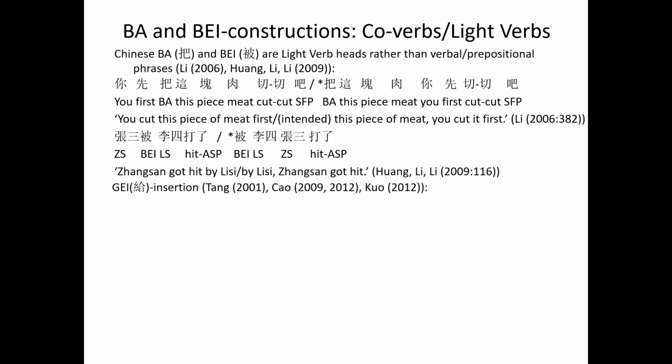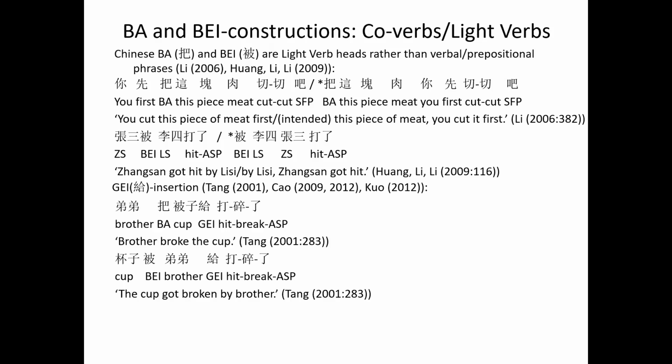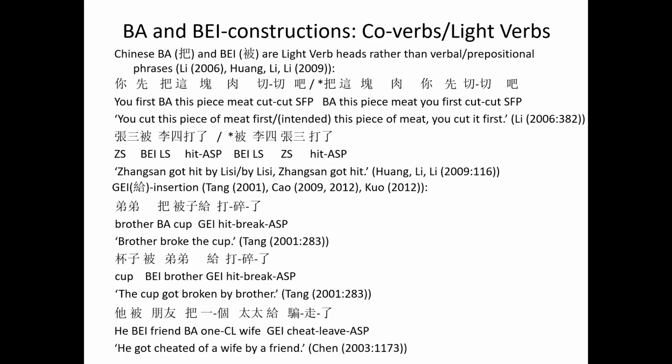Also, bǎ and bèi have a special property of tolerating the insertion of gěi in their complements. So, for example, two examples: 弟弟把杯子给打碎了. All right, so we can say 弟弟把杯子打碎了, but we can also use gěi, which is optional: 弟弟把杯子给打碎了. Similarly, 杯子被弟弟给打碎了. Both tolerate this use of gěi in their complements.